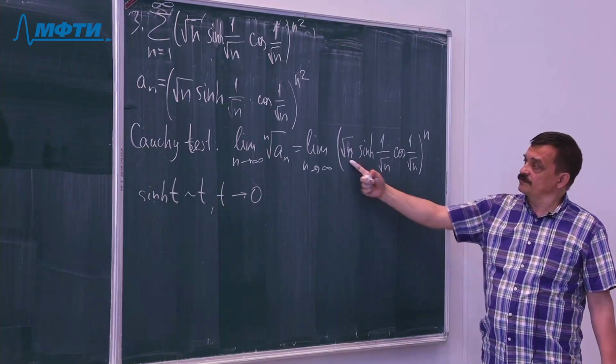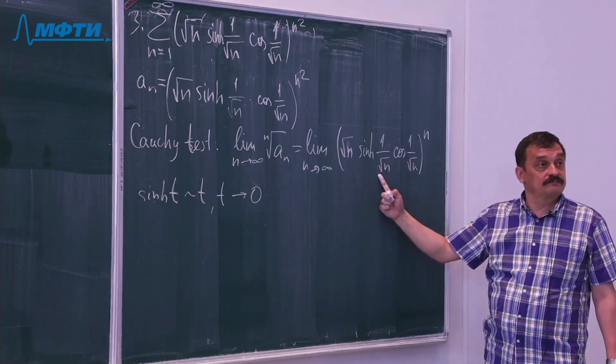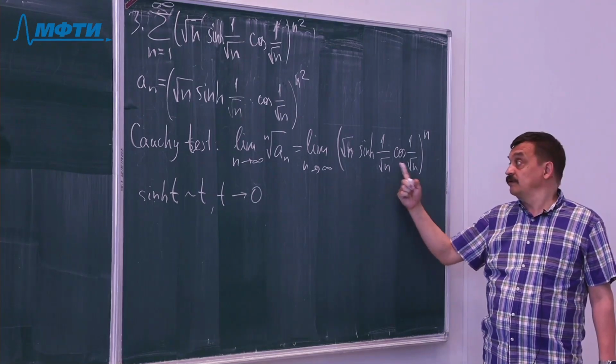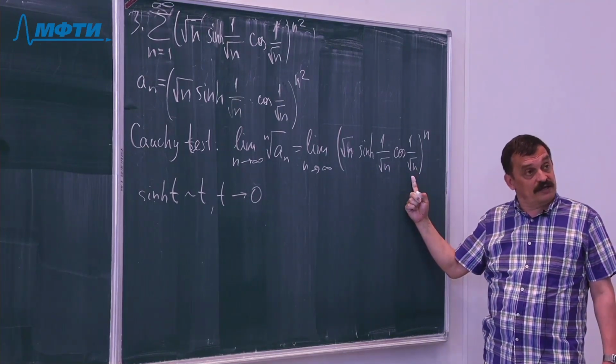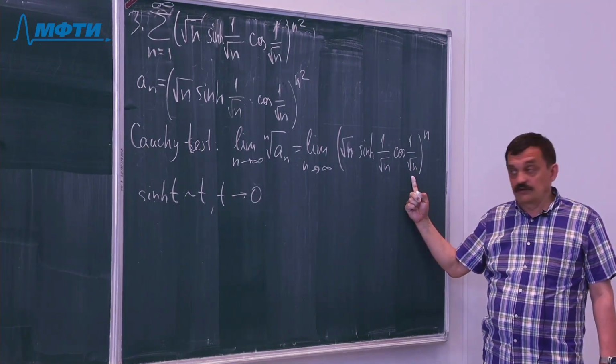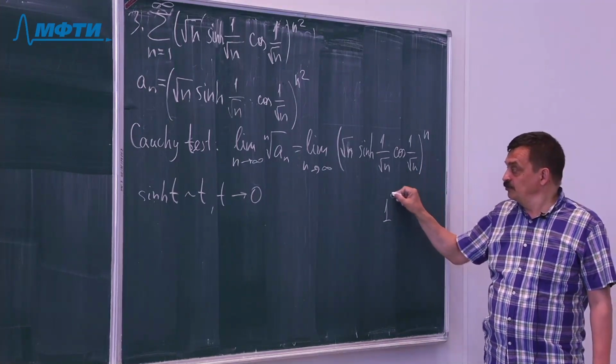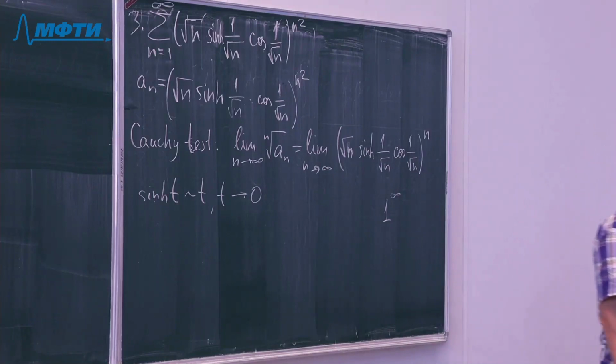Hence, what happens with this product? It tends to 1, right? Cosine tends to 1 as well. So we have the base tending to 1, the exponent to infinity. We considered such expressions in the first semester, right?